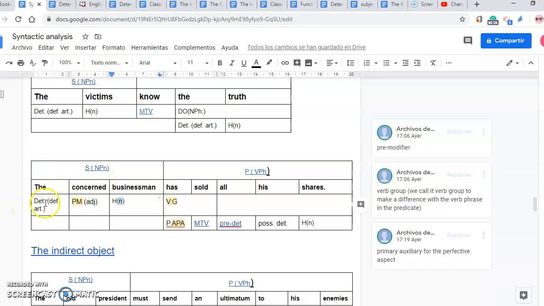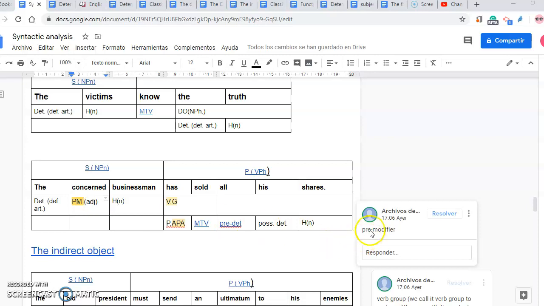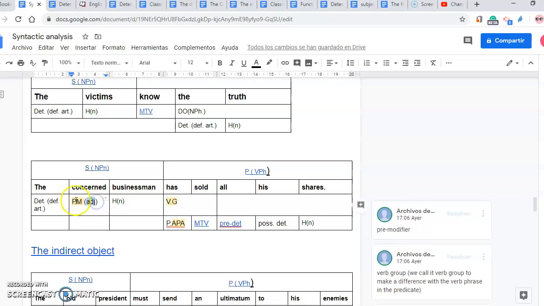First of all, we've got a determiner because it determines what kind of phrase this is. And it is a definite article. And concerned is a pre-modifier. I wrote it here, pre-modifier. And it is an adjective. Pre-modifier is the function, adjective is the category.